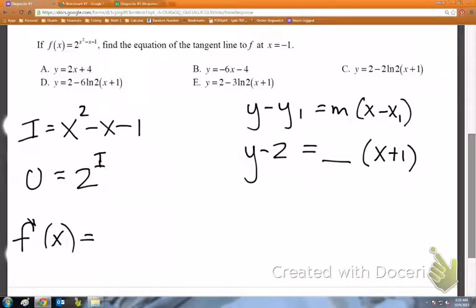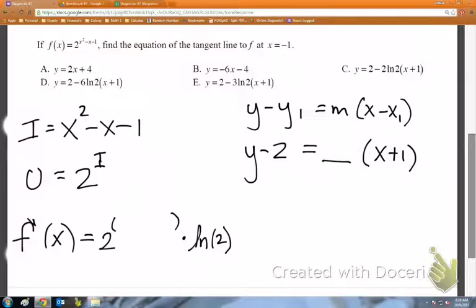The derivative is the function itself, so 2 to the power of the inside, times the natural log of the base. So whatever the base is, it's times the natural log of the base. Again, if you're unaware of where this is coming from, go back and look at your notes of when we did derivatives of natural log and the derivative of e, and this was the third one we learned that day.